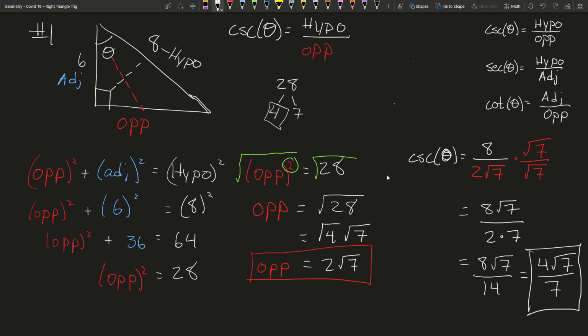So we can rewrite the square root of 28 as the square root of 4 times the square root of 7. And then the square root of 4 is just 2, and rad 7 stays there.